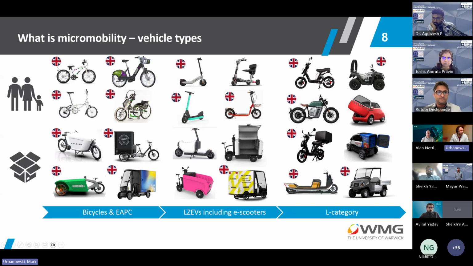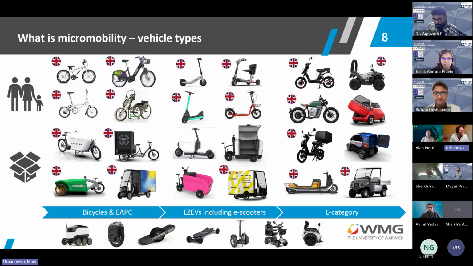A quick showing of some Union Jacks where we've got R&D or manufacturing businesses in the UK actually developing and making these vehicles. This is a small number of them; we've got dozens of UK companies developing and manufacturing these vehicles in the UK. We've also got, shown along the bottom here, a number of other vehicles we're seeing emerging or looking to solve a problem in the UK urban space.